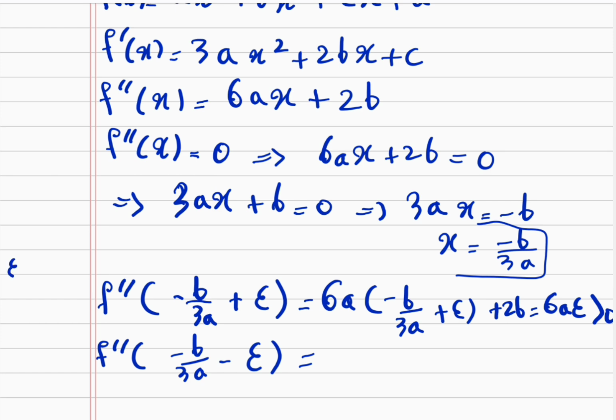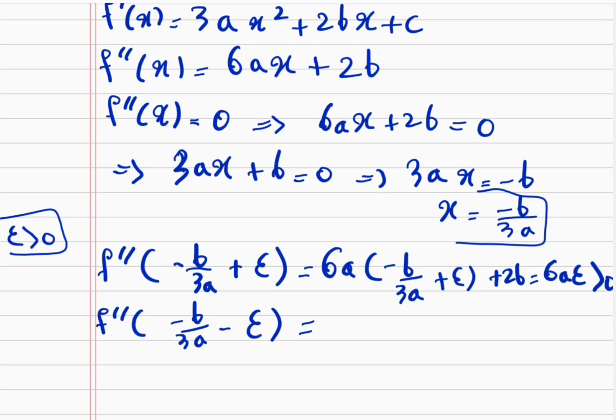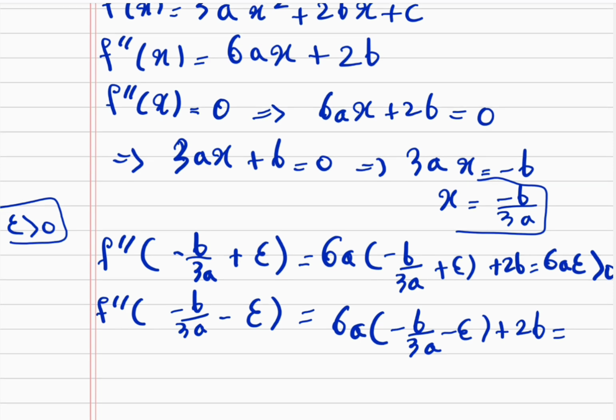When we introduce epsilon, we should mention its sign. It's very important. It's a small positive value, and so 6a epsilon is a positive value. Then for the negative epsilon, it's again 6a times minus b over 3a minus epsilon plus 2b, and this time we get minus 6a epsilon, which is a negative value. And this is exactly what we wanted.